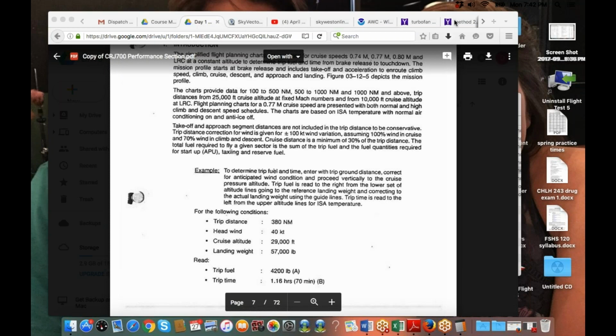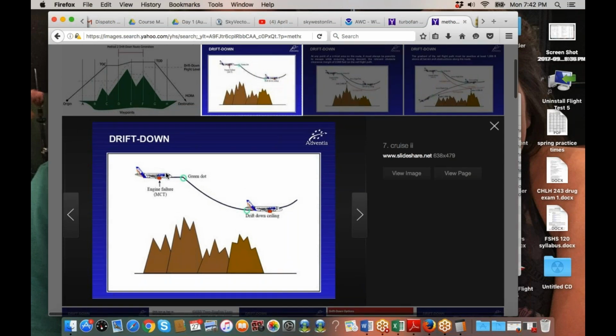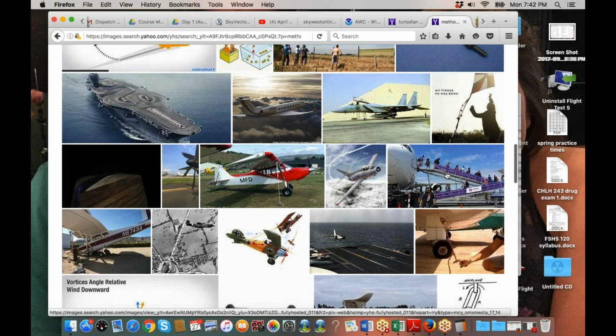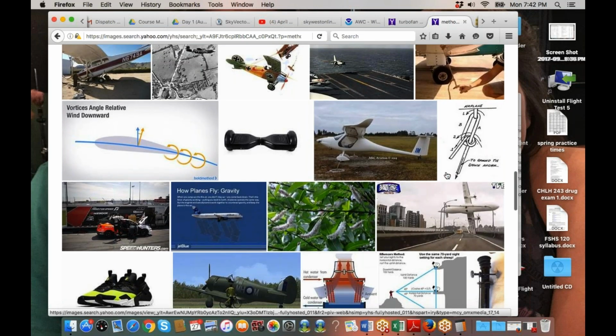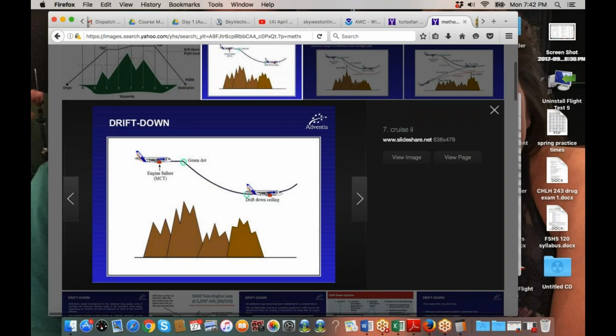I always forget that. Okay, so method 1 is we're flying along and we have an engine fail, and let's just say, let me see if I can find some mountains. What were the clearances for them?